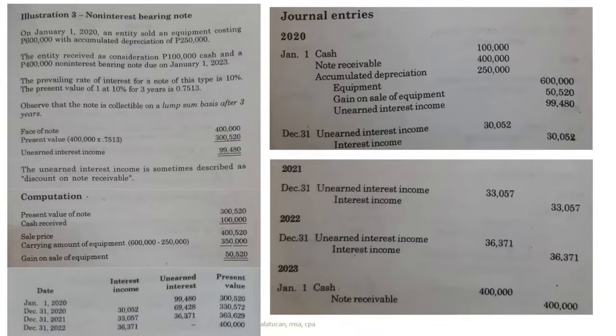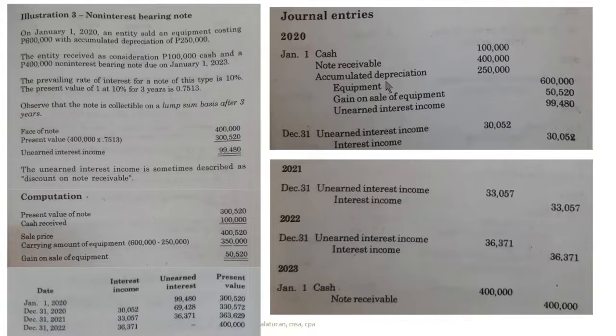Okay. And then, since there is a given accumulated depreciation, and we are selling the equipment, we need to close the accumulated depreciation account. And remember, the accumulated depreciation account has a credit balance. So, if it has a credit balance, to close it, we need to debit. Okay? So, therefore, to close, you debit accumulated depreciation. Question, ma'am, do we always debit it whenever accumulated depreciation is given?